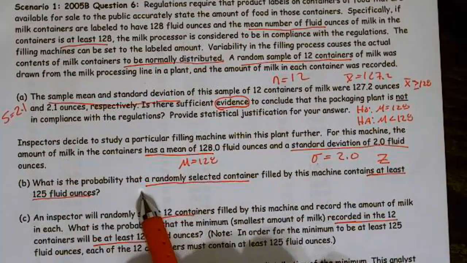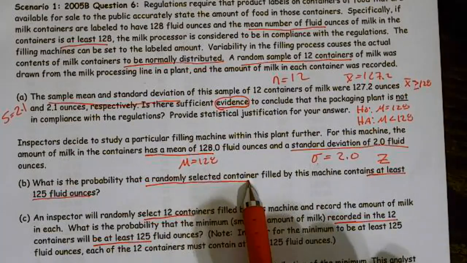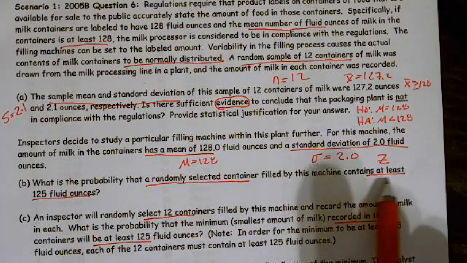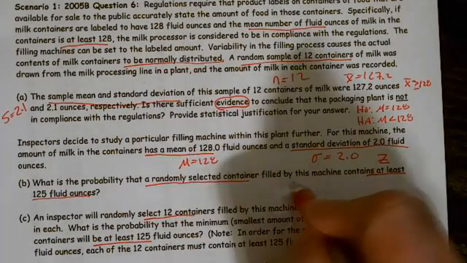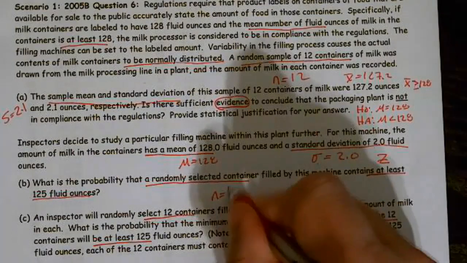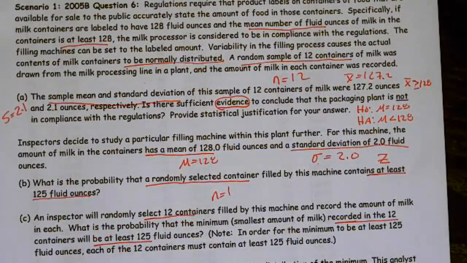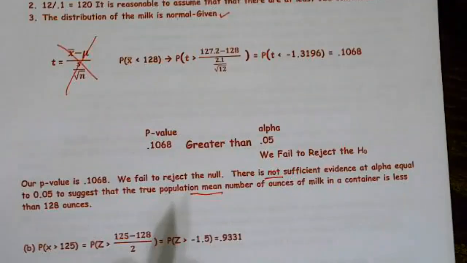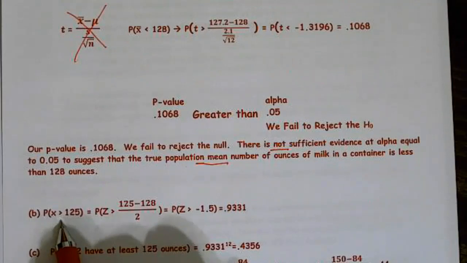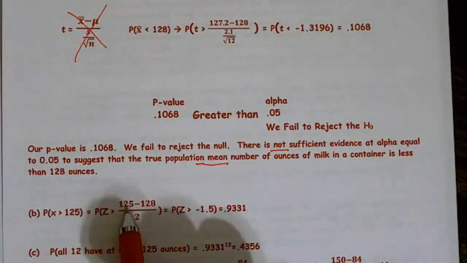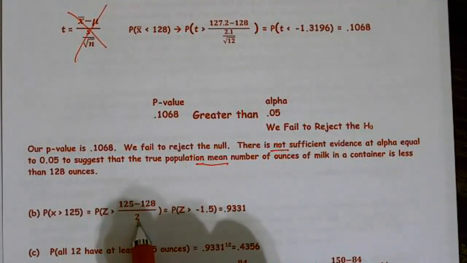All right, what is the probability a randomly selected container filled by this machine contains at least 125 ounces? A randomly selected container tells me my sample size is 1. The probability X is greater than 125 is the probability of Z being greater than 125 minus 128 over my standard deviation of 2.